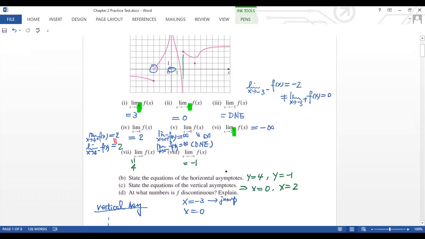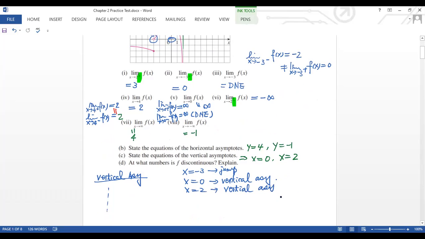Why do we have x equals 0? Because at x equals 0, I have a vertical asymptote, right? Then I have another discontinuity here, x equals 2, because I have another vertical asymptote.